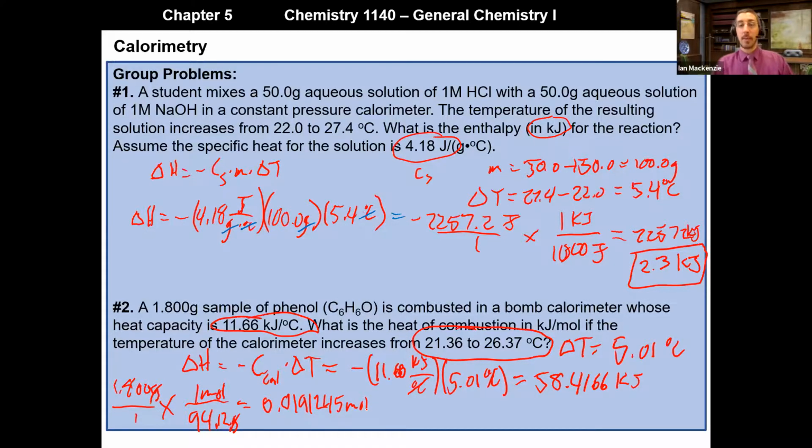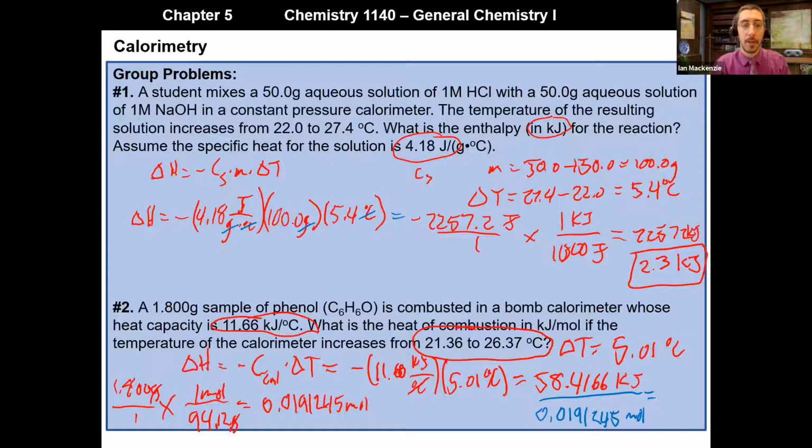What I need to do now to get my final answer in kilojoules per mole is I simply take the number of kilojoules and divide it by my number of moles. I can carry the extra decimal places now; I'll account for it at the very end. Take the 58.4166, divide it by the number of moles, and I come out with 3,054.539.